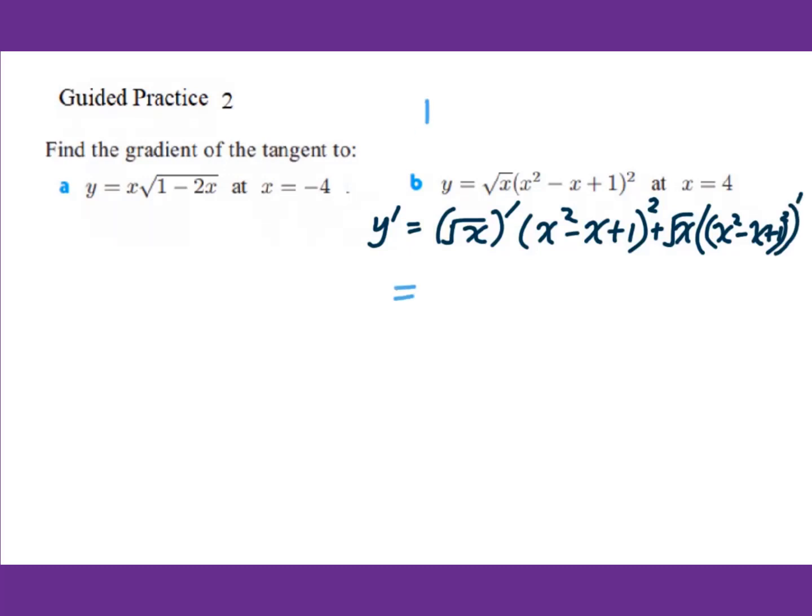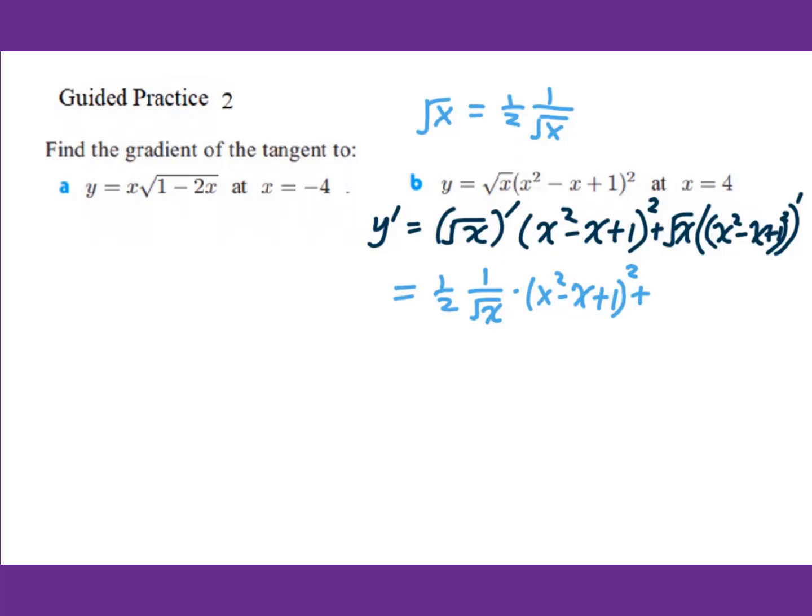The derivative for square root of x, you will get 1/2 times 1 over square root of x. So 1/2 times 1 over square root of x times x squared minus x plus 1 squared.